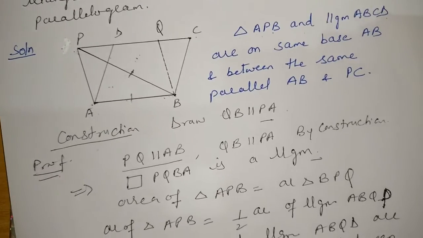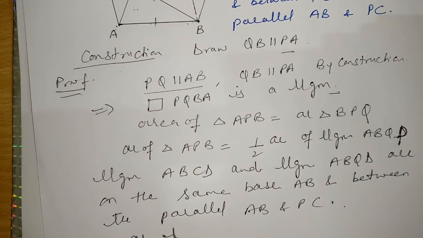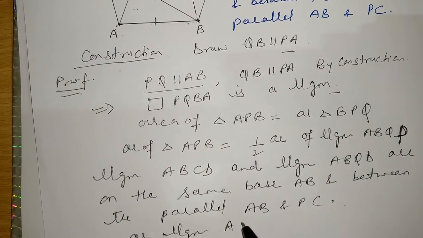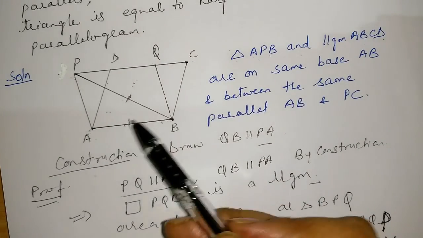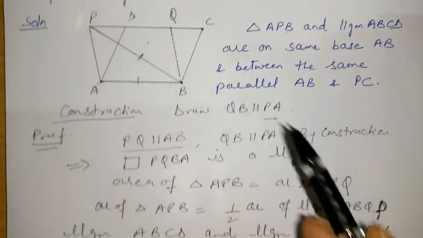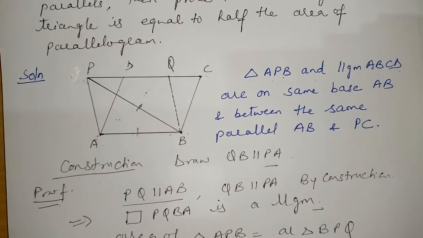So therefore these two parallelograms are equal in area. So area of parallelogram ABCD is equal to area of parallelogram ABQP.